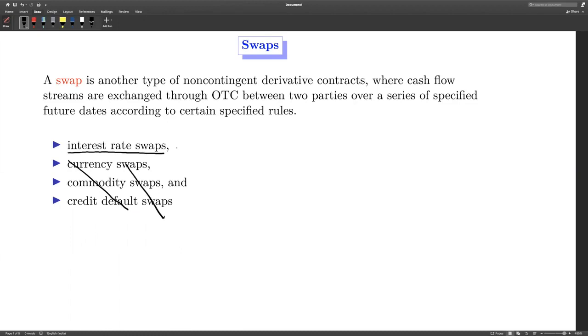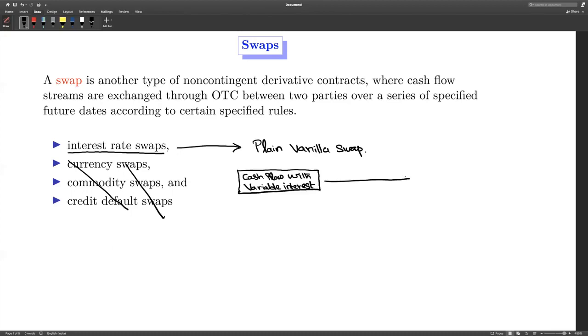So interest rate swaps are basically the exchange of a cash flow stream due to interest payment in a debt with another cash flow stream in the same currency, without exchanging the underlying principal debt amount. A popular type of interest rate swap is called a plain vanilla swap, where one cash flow stream due to a variable interest rate is swapped with a cash flow with a fixed interest rate.